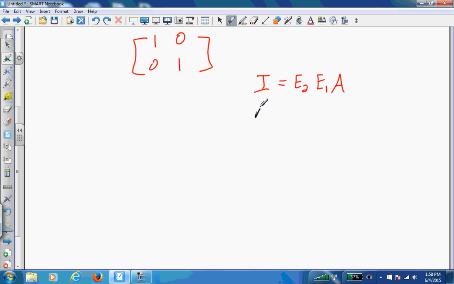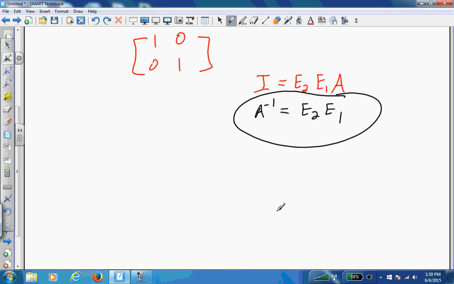We could say, well, the inverse of A is whatever we get when we do E2 times E1. Or we could say A inverse is E1 inverse times E2 inverse. So let's come up with A inverse to start with.